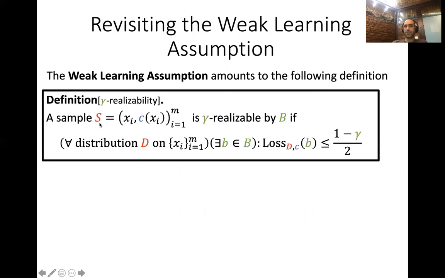Let us say that a labeled sample S is gamma realizable if for every distribution D over the x_i's, there exists some weak hypothesis in B which is correlated with C according to this distribution, right? So it agrees with C on at least a (1 plus gamma) over 2 fraction with respect to this distribution.